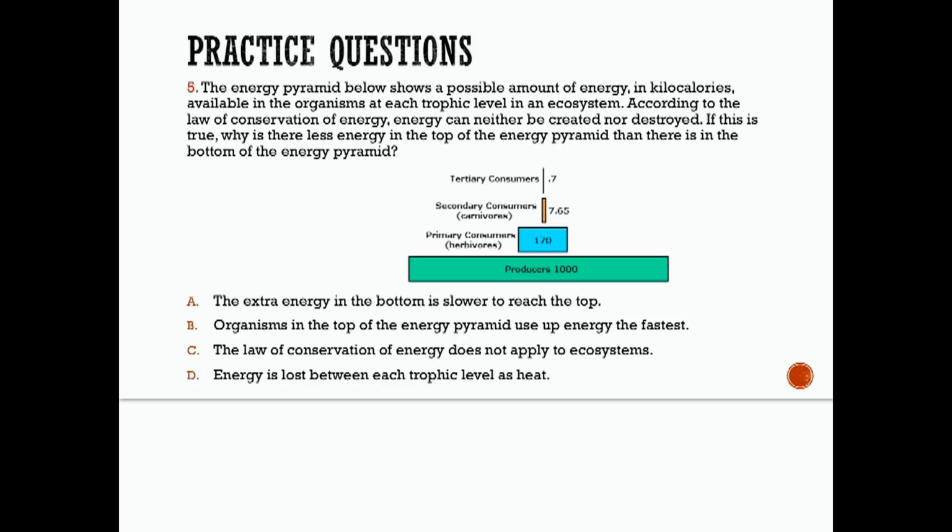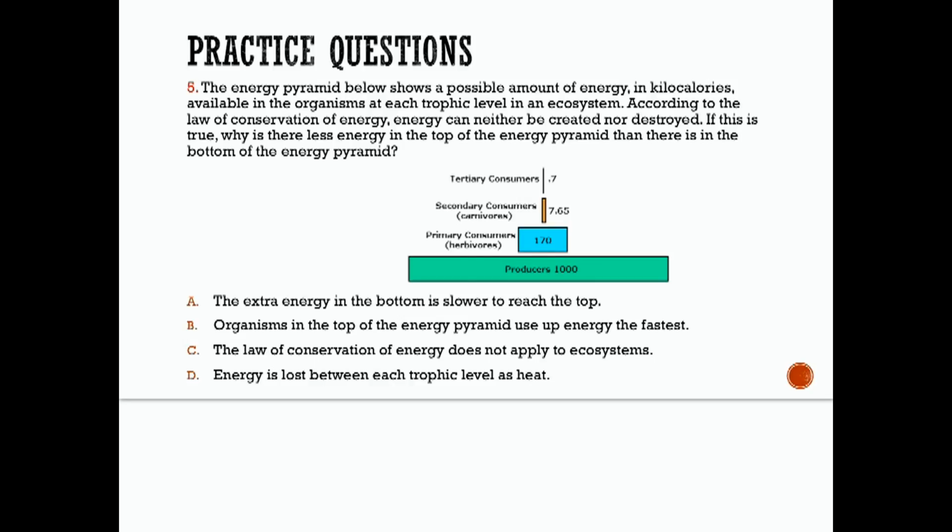Number 5, the energy pyramid below shows a possible amount of energy in kilocalories available in the organisms at each trophic level in an ecosystem. According to the law of conservation of energy, energy can neither be created nor destroyed. If this is true, why is there less energy in the top of the energy pyramid than there is in the bottom of the energy pyramid?